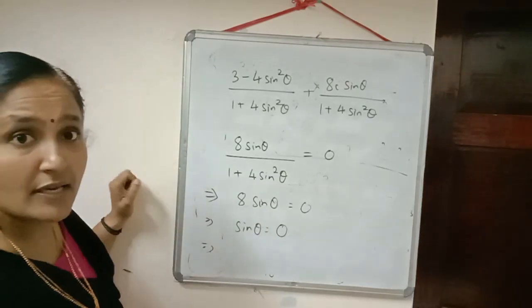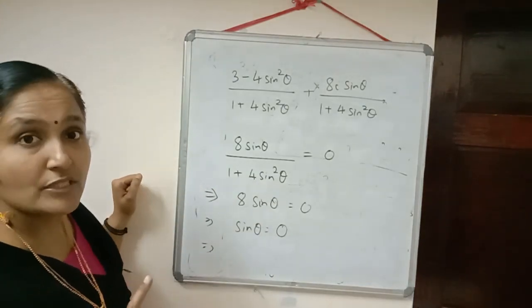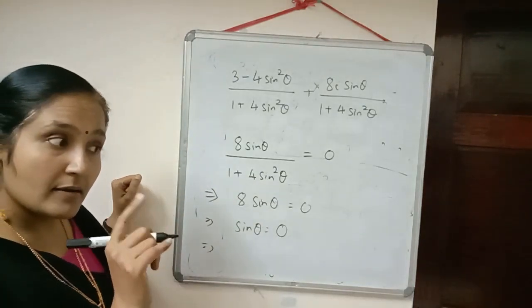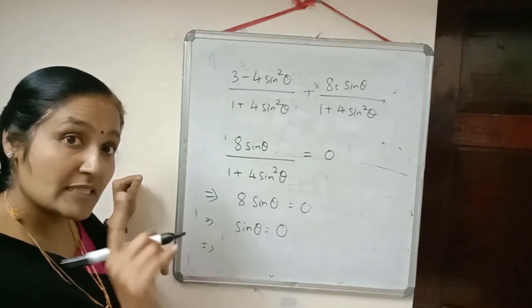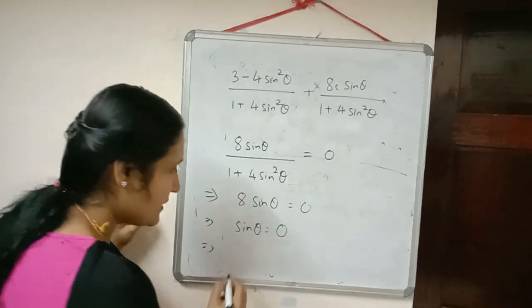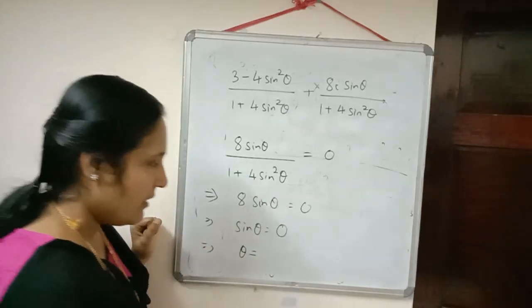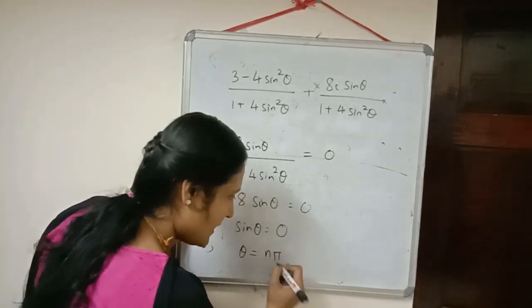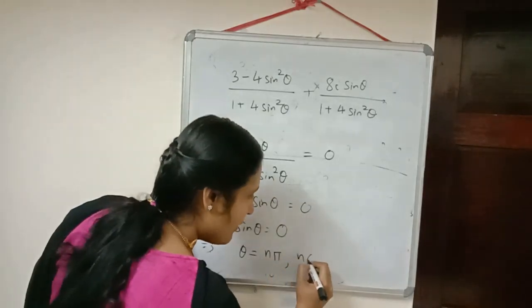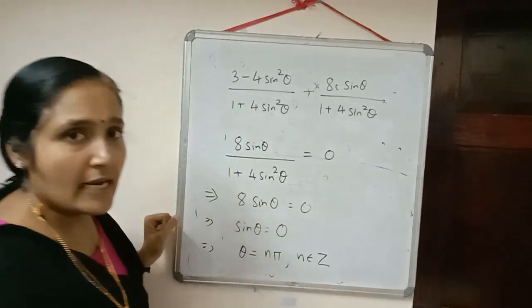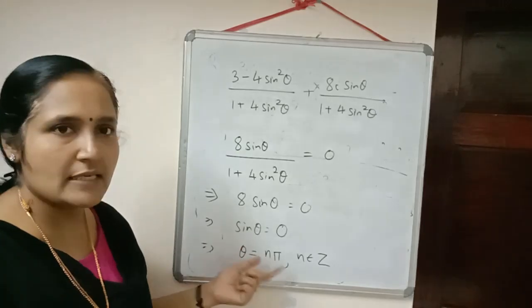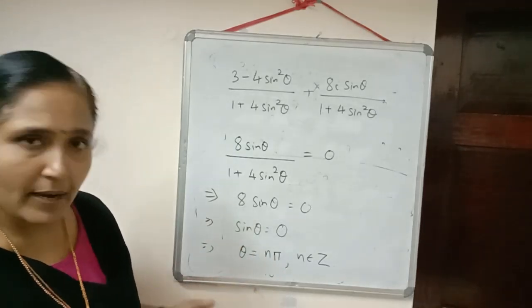When sin gives 0, there is not one solution; there are so many solutions, so we have to write the general solution. Sin will give 0 when theta is a multiple of pi. So we will write theta is equal to n pi, where n belongs to Z.